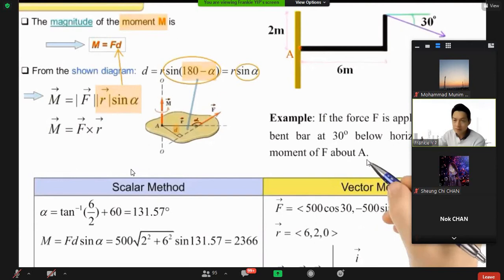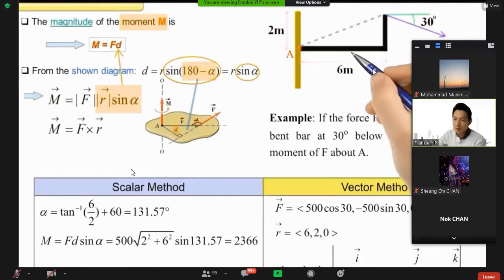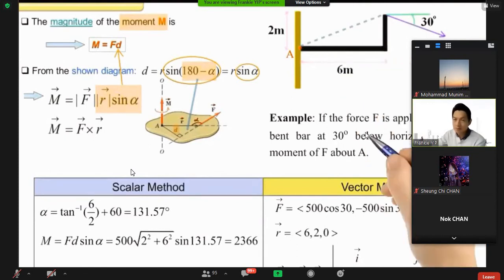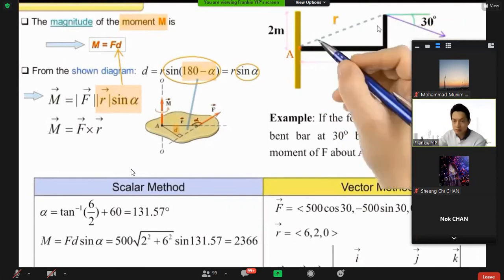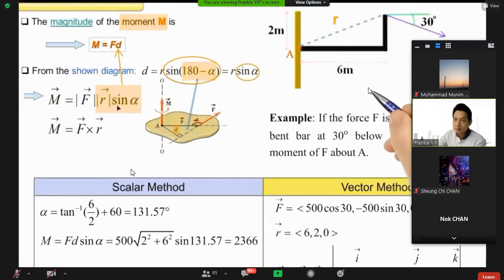Okay, think about this. When I apply the force over here, think about the moment arm. I can think about this one should be the R, right? And then this angle should be 60 degrees, right?